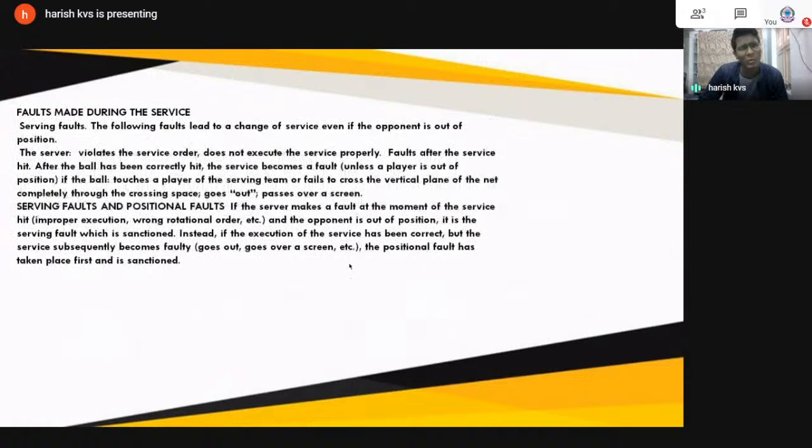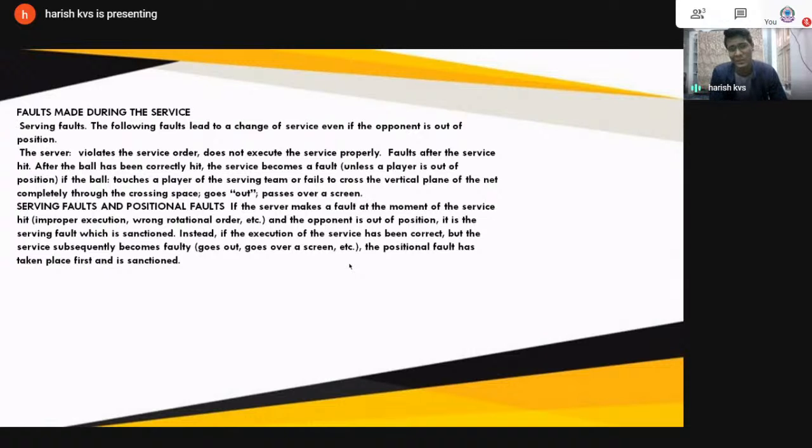And there are some faults made by the players during the service. So faults after the service: after the ball has been hit correctly, the service becomes false unless a player is out of position. If the player is making a rotational fault during a service, then it would be called a service fault.